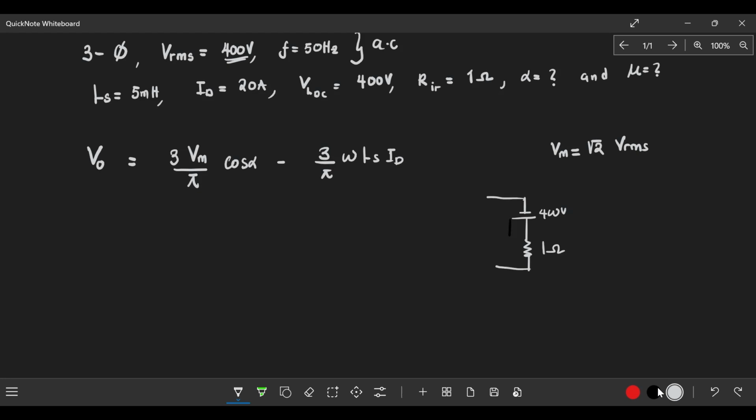This total is the total output voltage, VO, and the current flowing through it is 20 amps, which is ID. So VO is equal to 400 volts plus the drop across the resistor, 20 times 1 ohm. The output DC voltage that has to be supplied to sustain these two is 420 volts.